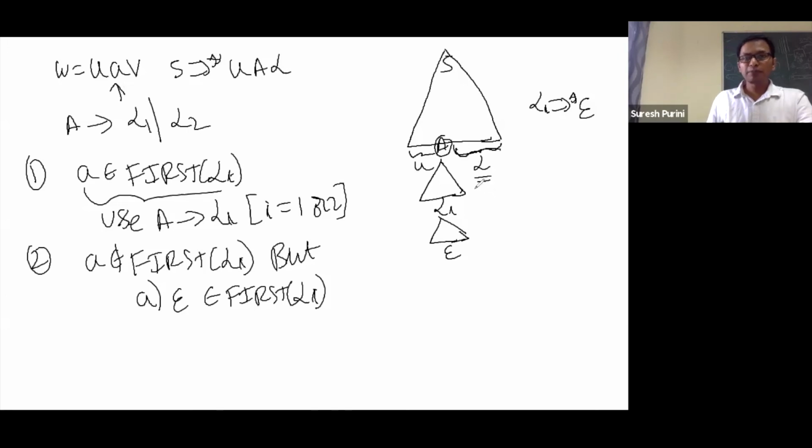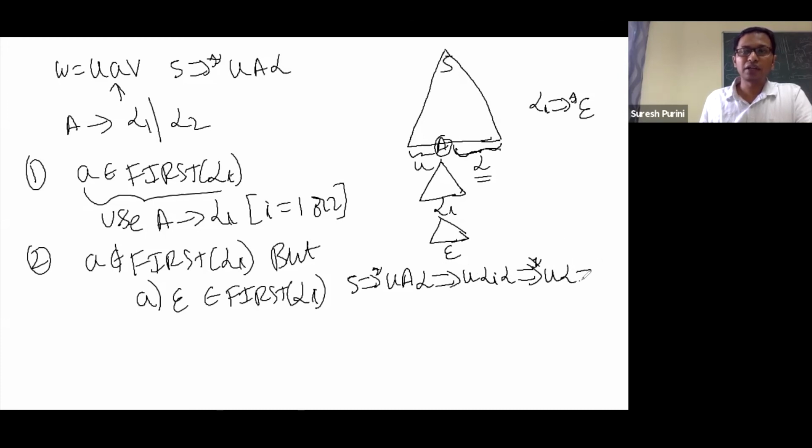So the possible parsing approach, or the derivation process, in the second case is this. You start with S, you have U A alpha, you replace A with alpha I, and in 0 or more steps you squish alpha I to epsilon and you get this U alpha.